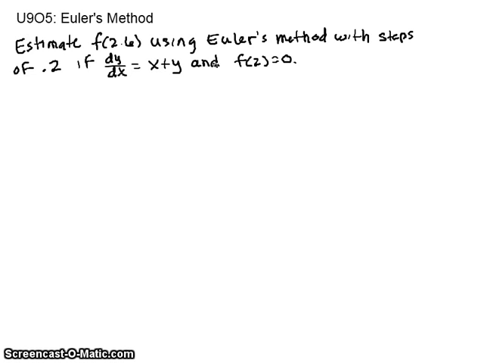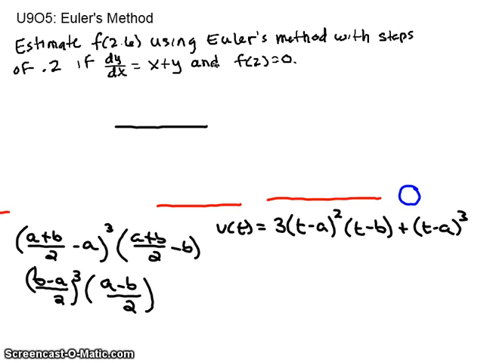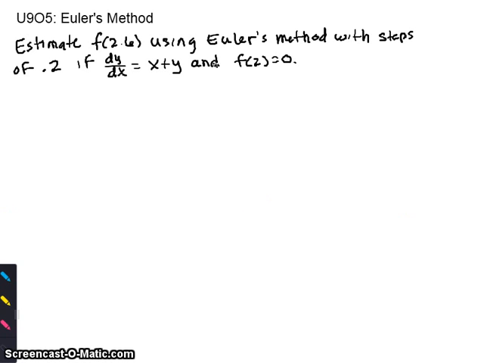They're going to give us that differential equation, x plus y. They're going to tell us that there's some point on the curve that we're looking at, 2, 0. And they want us to estimate f of 2.6. We're not going to want to go through all the steps of solving that differential equation, finding out what the function is and then plugging in 2.6, because on a question like this we actually can't solve that differential equation. If you were to try, you would get something like negative y plus dy dx equals x.